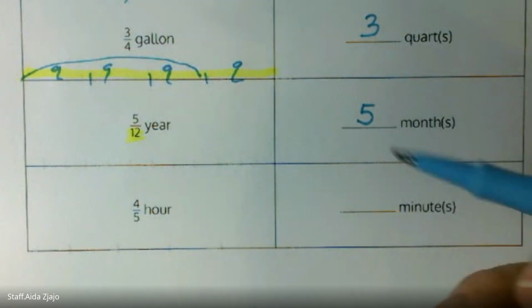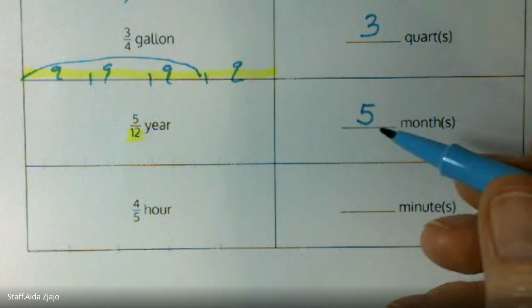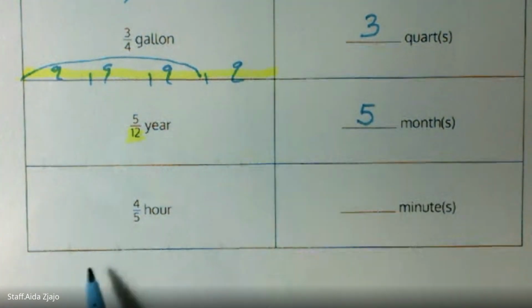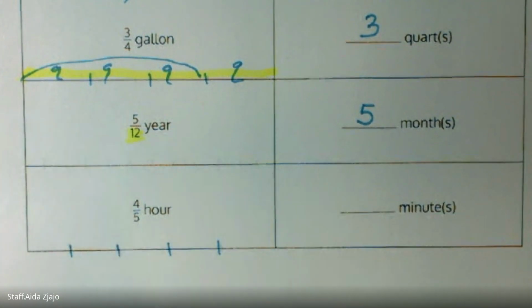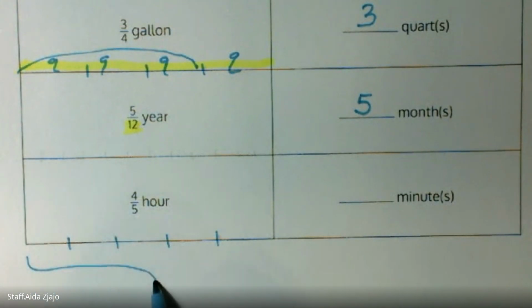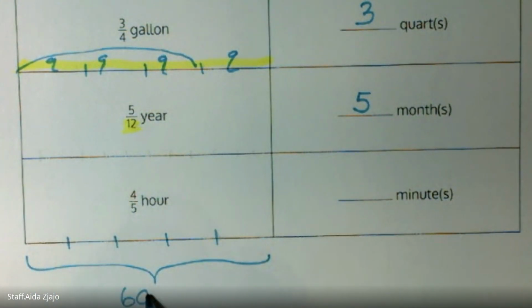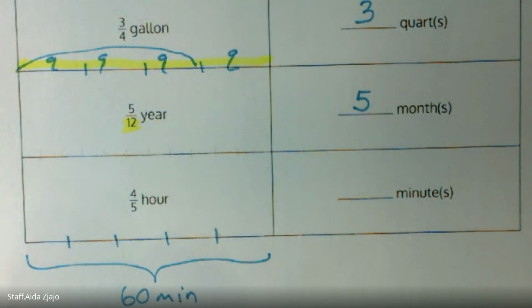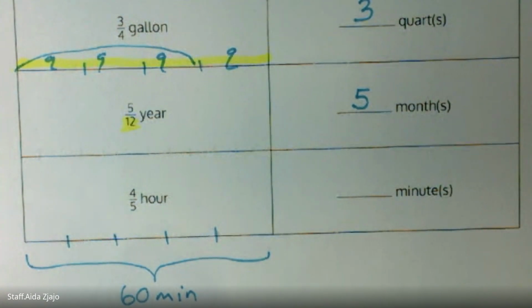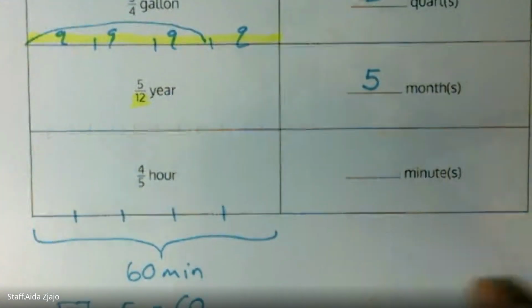And then 4/5 of an hour. If you think about 5 pieces, if this is an hour, like this is 60 minutes, so this should be 60 divided by 5, or what times 5 equals 60, so you know that it's 12. Oops, sorry.